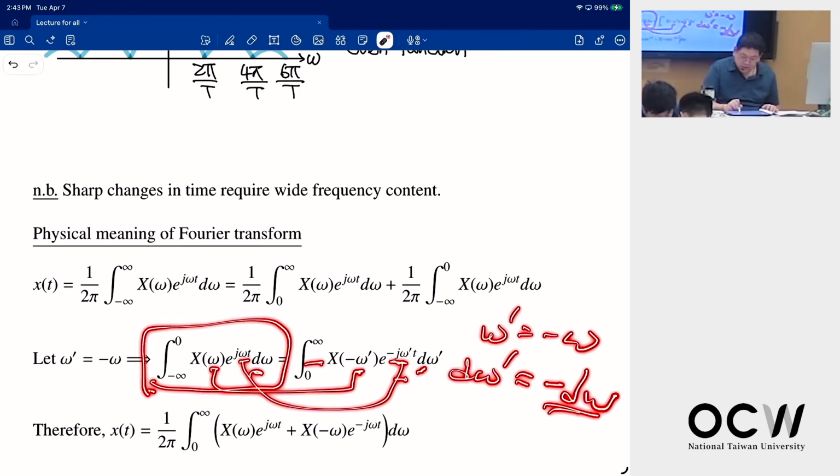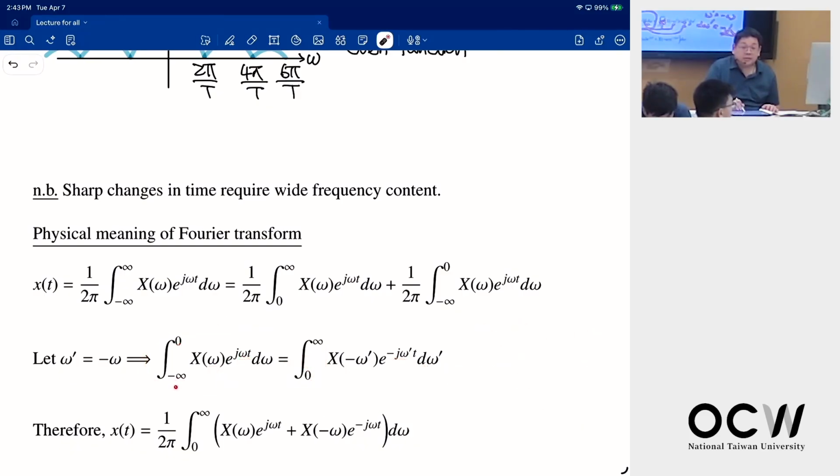So d omega becomes minus d omega prime. Then with the minus sign, the integration, which in the beginning was from minus infinity to 0, now goes from 0 to infinity.